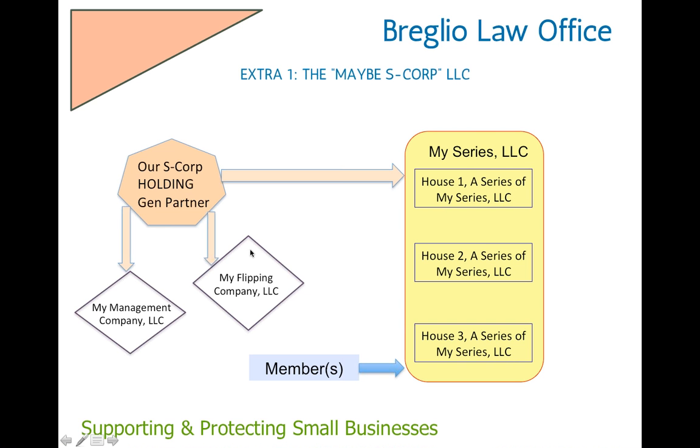You would not make this flipping company a member of your LLC that holds properties for this extra member. Why? Because flipping does incur liabilities. And if something happens on your flip project and your flipping company is sued, that company then owns part of these assets.